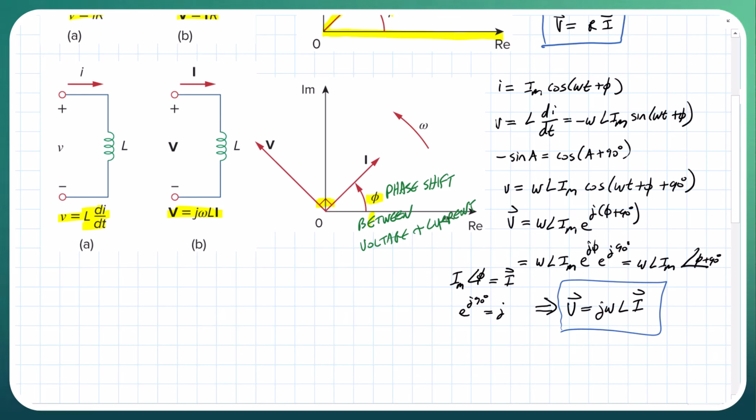In this case we can say the voltage leads the current by 90 degrees. Or you could also say that the current lags the voltage, which is the standard convention. Okay, so you can say the current lags the voltage.